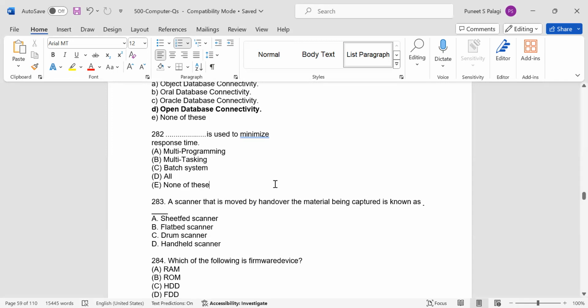Dash is used to minimize response time. Is it multiprogramming, multitasking, batch system? It is multitasking.